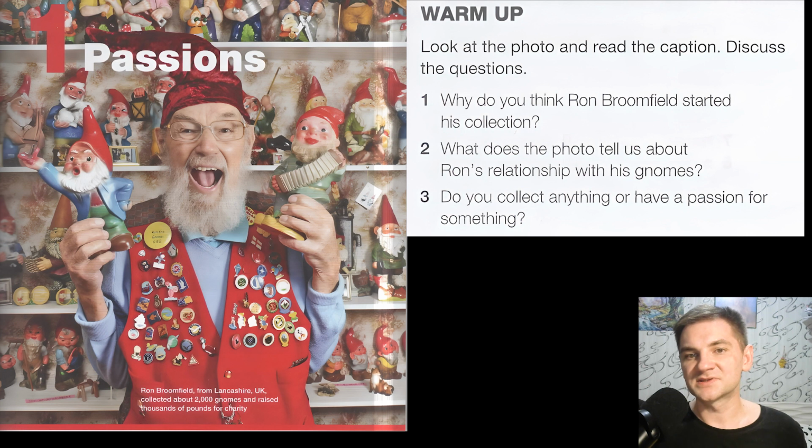What does the photo tell us about Ron's relationship with his gnomes? I think gnomes are his best friends. You can say it differently. For example, gnomes are to him, or they are his. So, relationship, I think it is not a good word here. It's better to ask, what does he think about his gnomes?